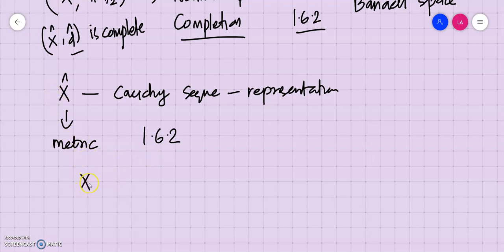So capital X is extended onto X cap to make it a complete space. And by theorem 1.6.2, associated with capital X, we have a subspace W in X cap, and there exists an isometry A from X to W.